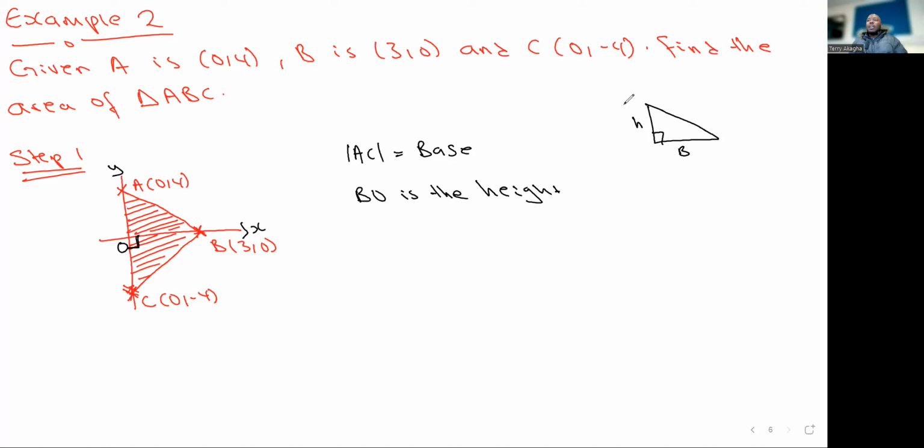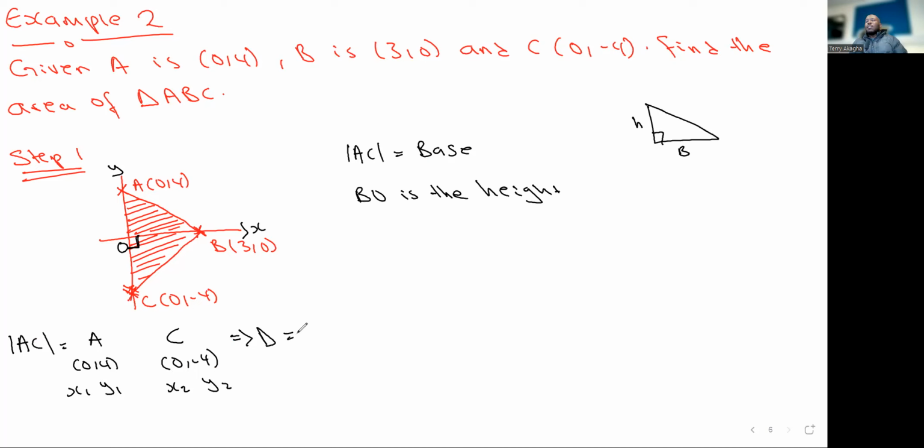So what we then need to do is find the distance of the base, AC, and then find the distance of the height, which is OB. So AC: we know A and C. A is (0, 4) and C is (0, -4). This is x1, y1, and this is x2, y2.